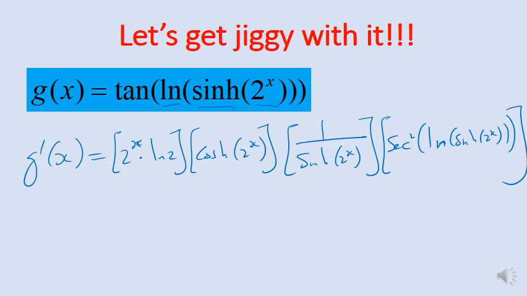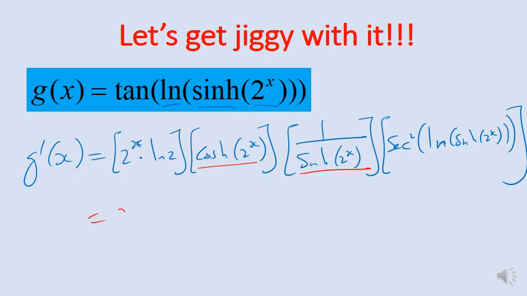You can go and simplify that. Straight away, if you're an elegant person, you'll notice that cosh of 2 to the power x divided by sine of 2 to the power x is cot of 2 to the power x. So that tallies up quite nicely and it compactifies your answer. But at the moment, let's write that down.